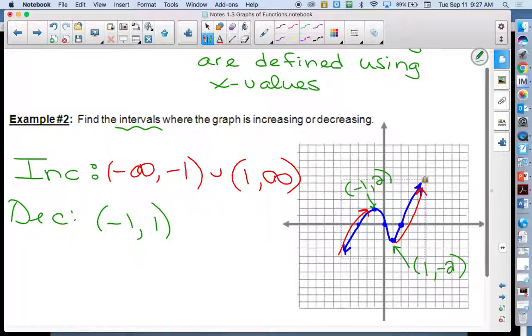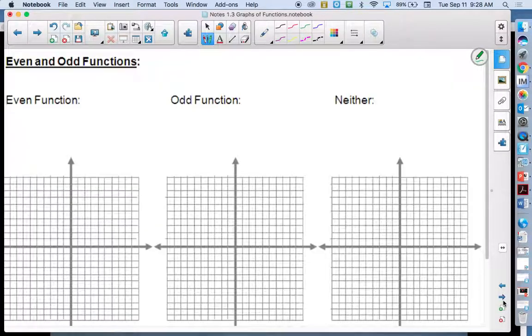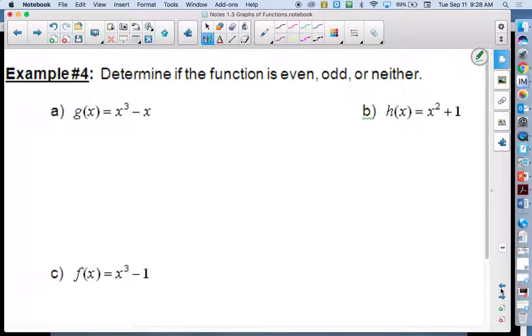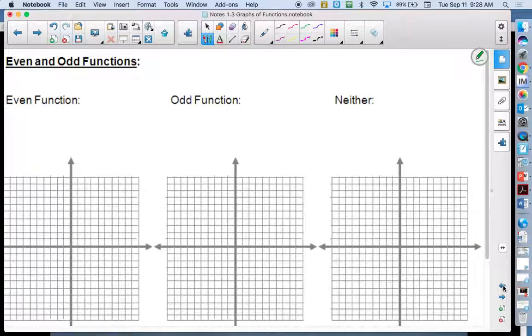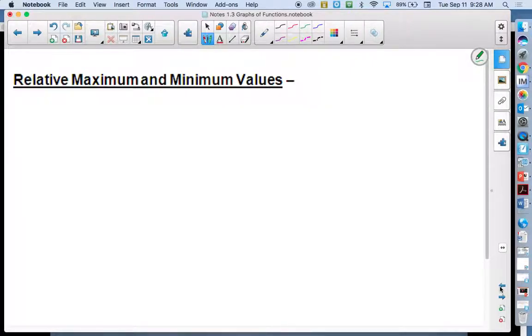So down below, just a little refresher about max and mins. So relative max and mins.